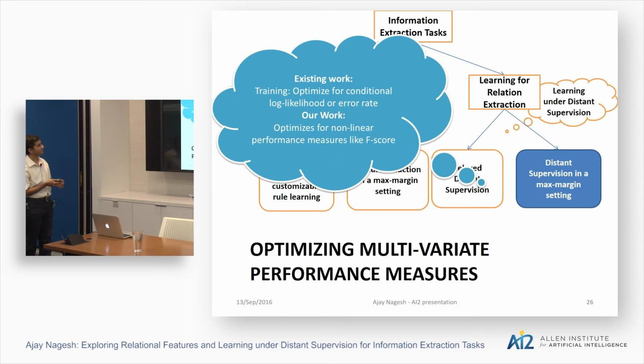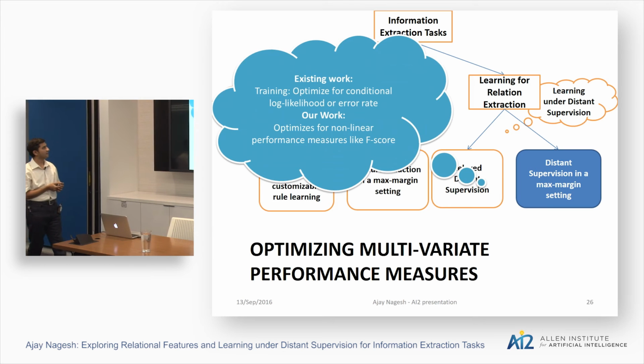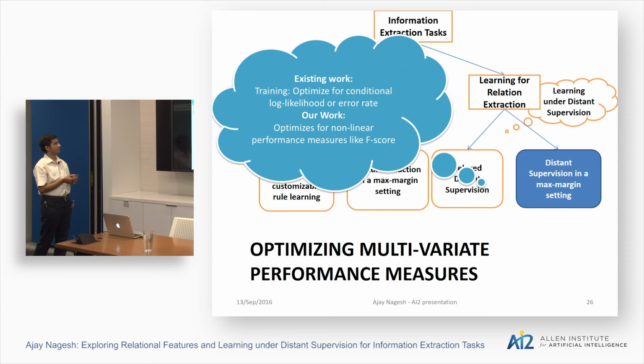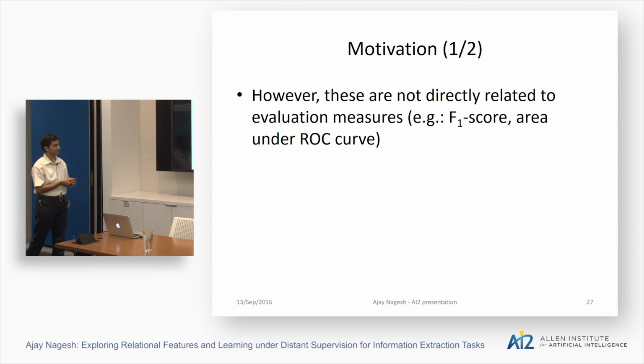The reasoning is that generally in literature, in distant supervision systems, the training is optimized for conditional log likelihood or error rate or such an objective, and the evaluation measure is like F score or something.